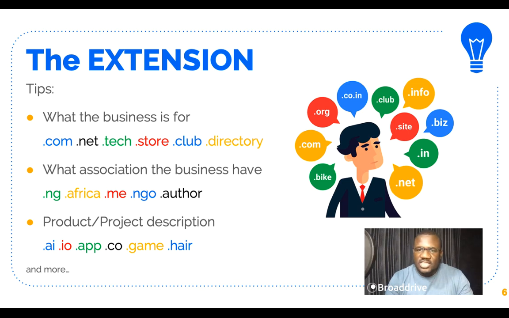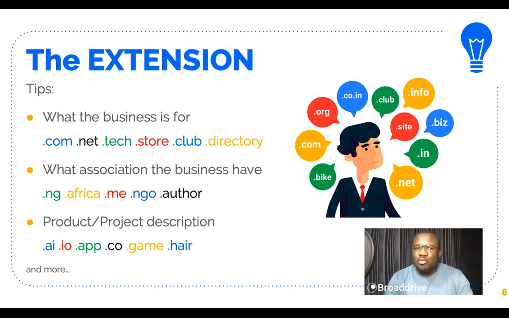If the extension you want to choose is a factor of your association, then you're associated to Nigeria because you're based in Nigeria, then you can do a .ng, you can do a .africa because you want an Africa-wide brand, you can do a .me, you can do a .ngo, you can do a .author, so you can have like brucelucas.author, and then it tells people once they visit the domain that this guy is an author and I'm expecting to see a website about books he has authored and so on.